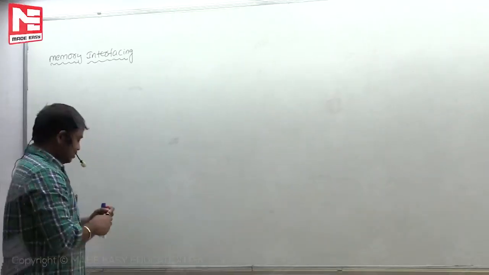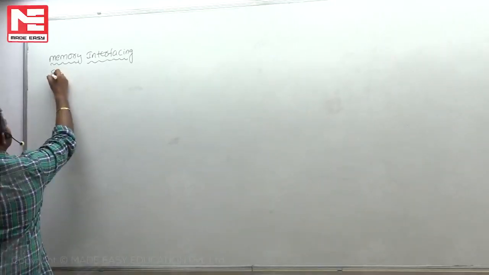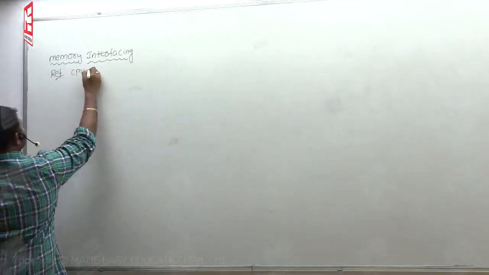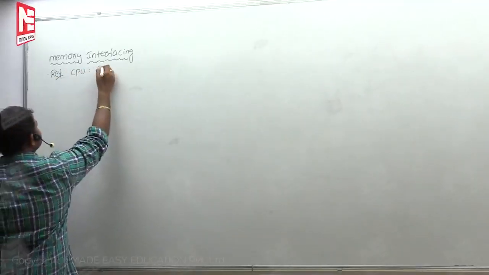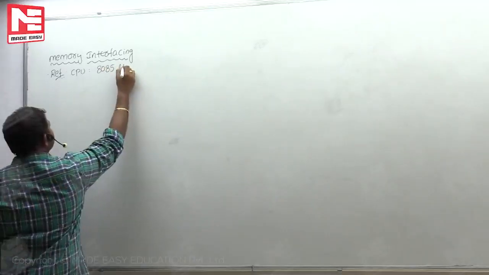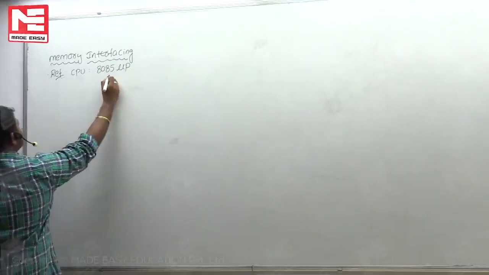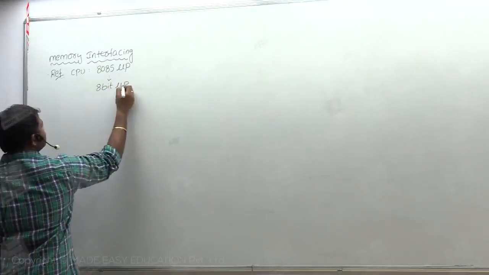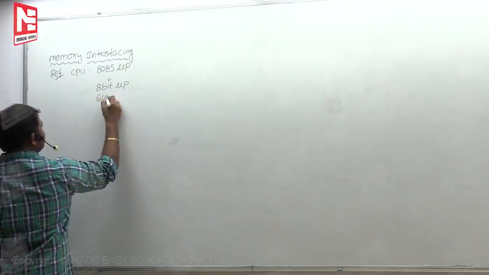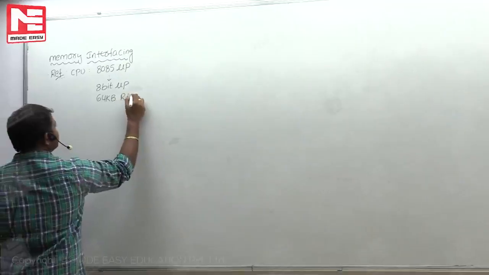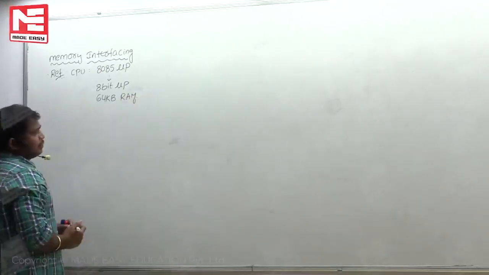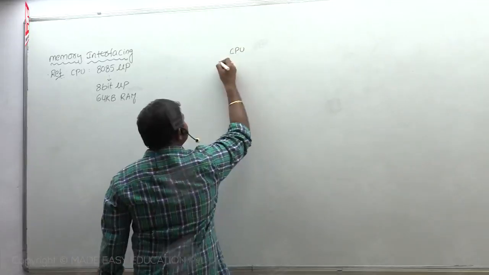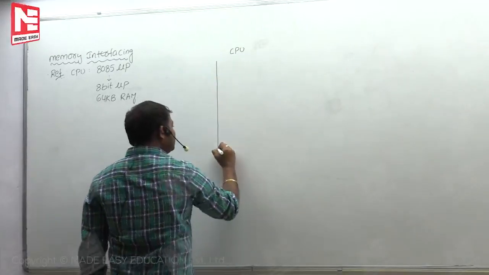The reference CPU for memory interfacing is the 8085 microprocessor. It is an 8-bit microprocessor and supports 64 KB main memory RAM. Clear? Now, interfacing means CPU pins are mapped to memory pins respectively.